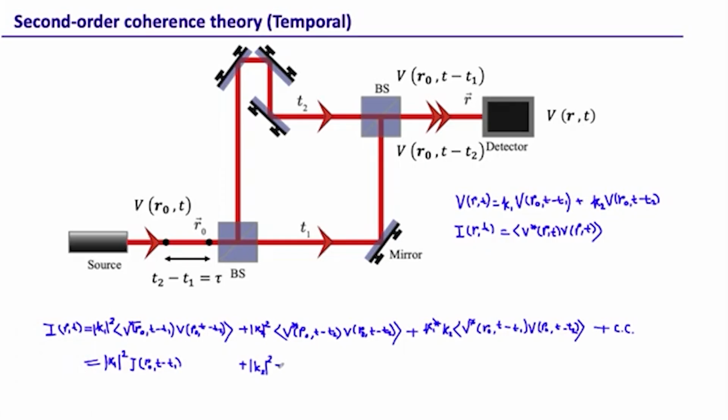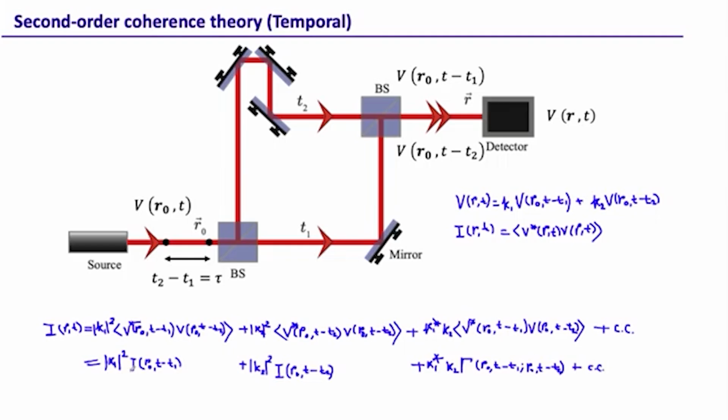Now this quantity is the cross term, which is just the cross correlation function, so we write it as K1 star K2 times the cross correlation function gamma(R0, t minus t1; R0, t minus t2), plus of course the complex conjugate.